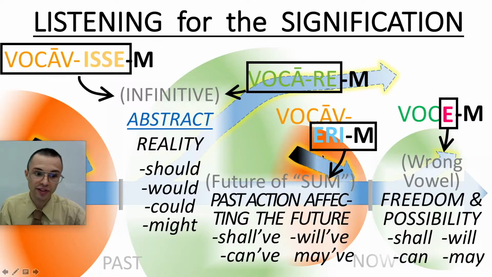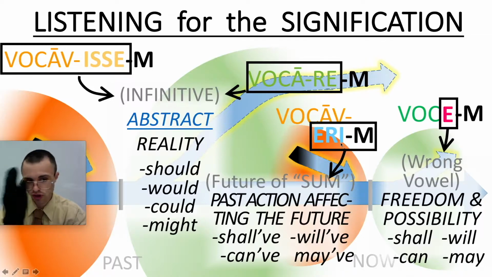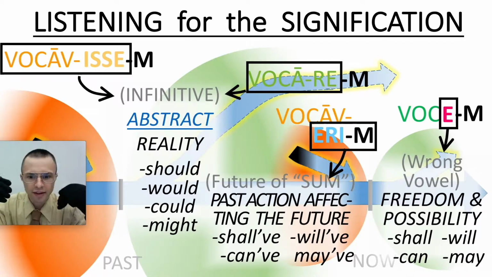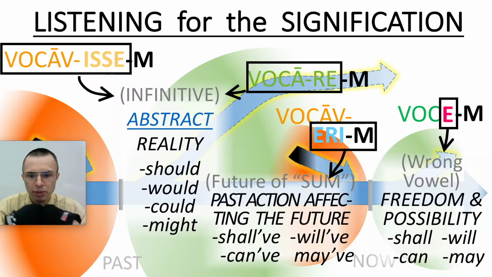However, if we hear some form of future, like this E or A, which is very similar to your third and fourth conjugation A and E rule, if you forgot that, like vocem, vocas, vocet, or this erim, which is similar to ero, eris, erit, the form of the verb to be in its future tense, then that is not abstract. That more suggests possibility and freedom and potentiality.